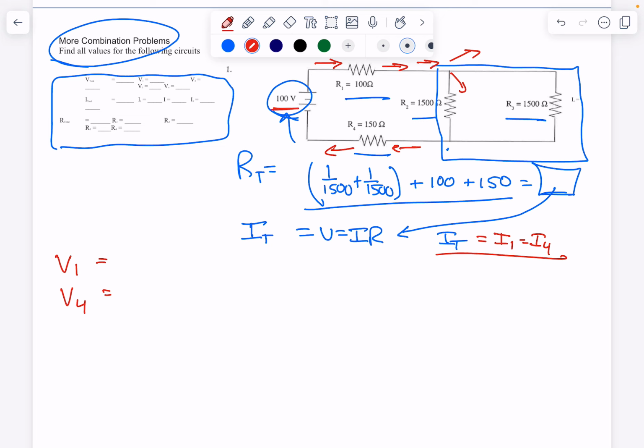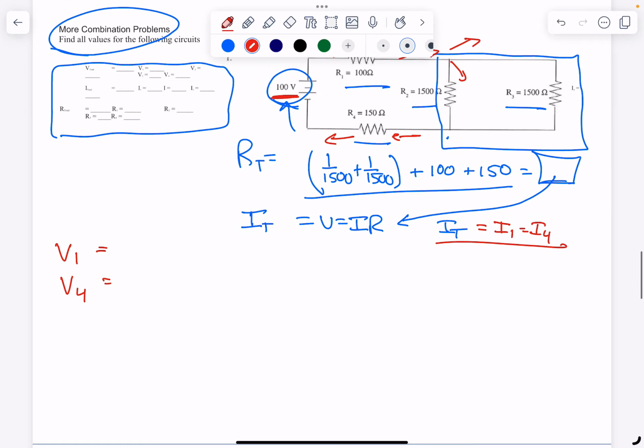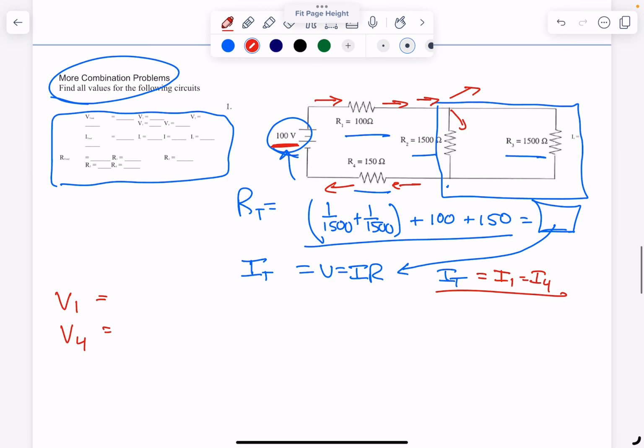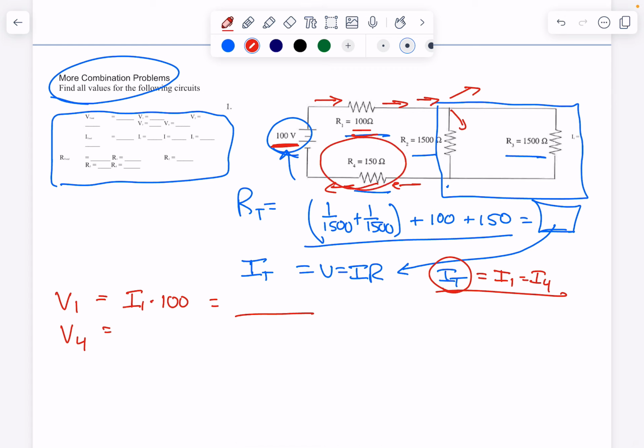There's 100 volts in the system, so once you know the total current, V1 equals I1 times 100, where I1 is the total current, because the resistance is 100. The same thing for this one: V4 is total I times 150.